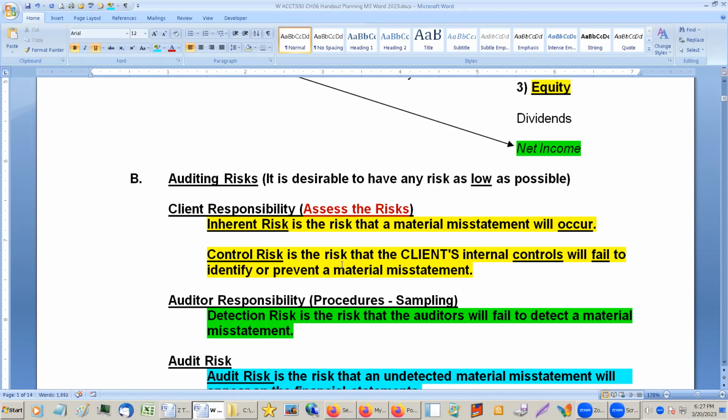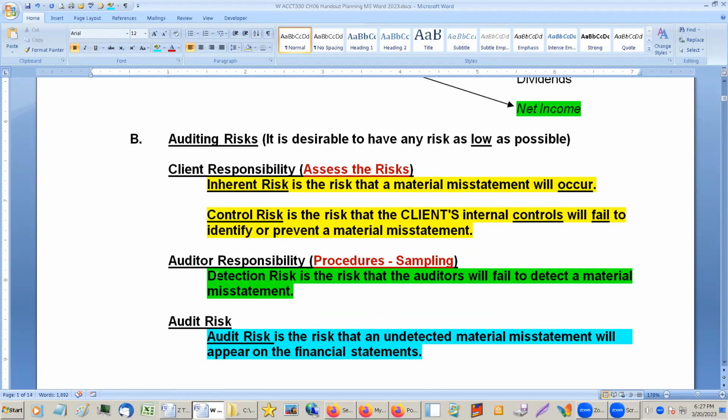Yeah, the sampling is the only one we've been using, so I'll leave that. So we assess these control risks for the client. And the detection risk is the only thing that we control. We don't control these other two.